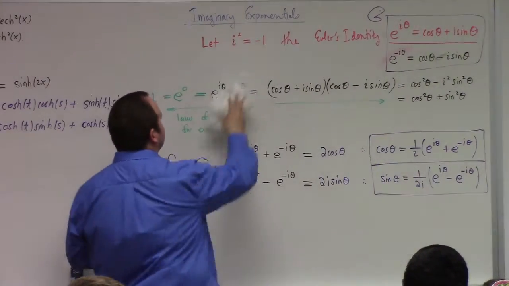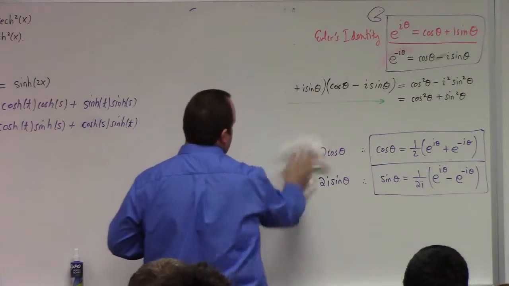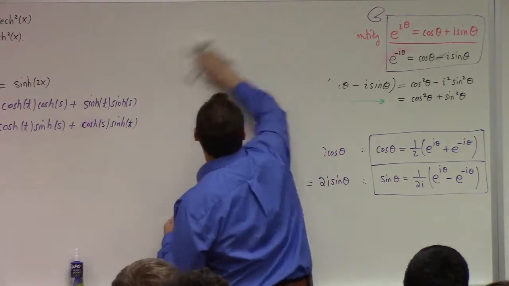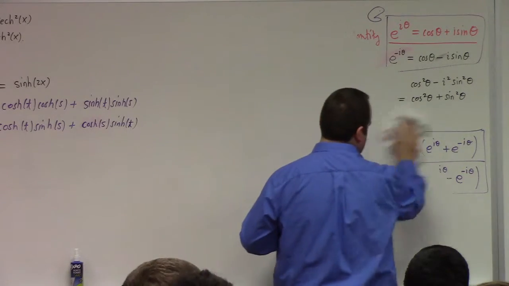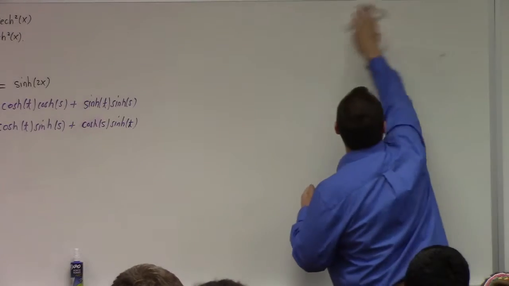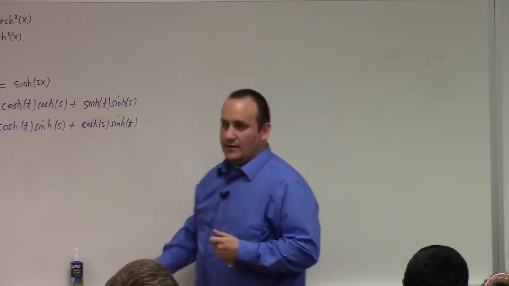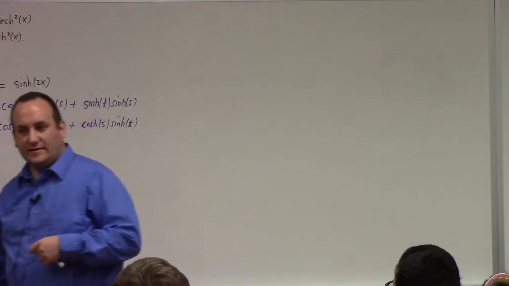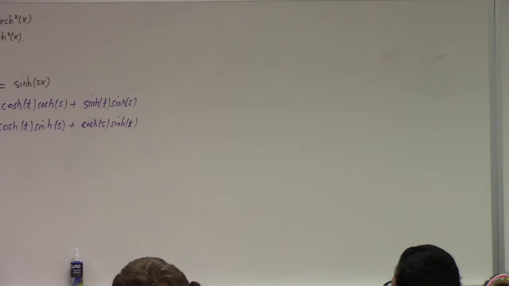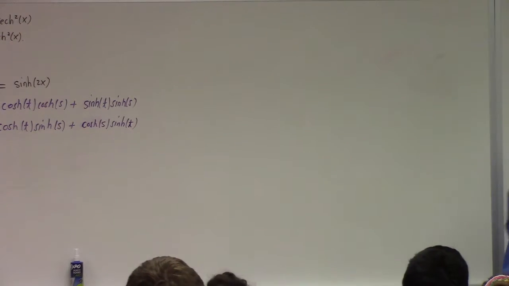But if you understand these imaginary exponentials, half the stuff I told you to memorize last class, you don't need to memorize. You can derive it without too much trouble, including the adding angles identities. More on that some other day.